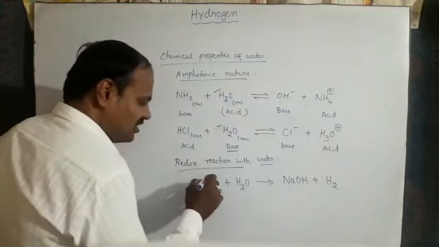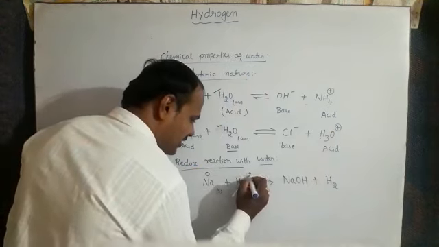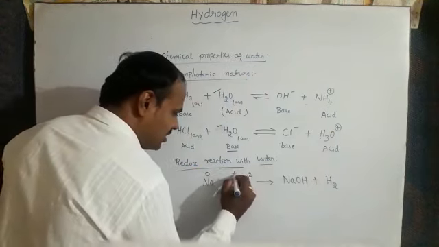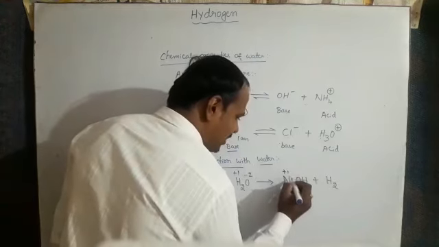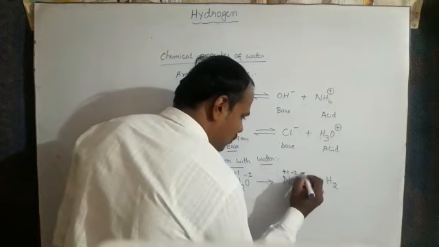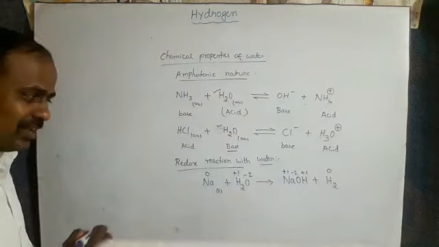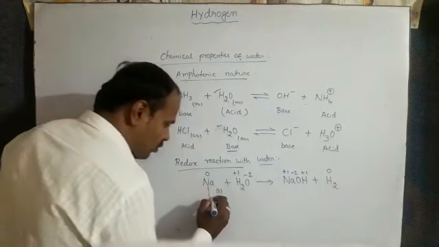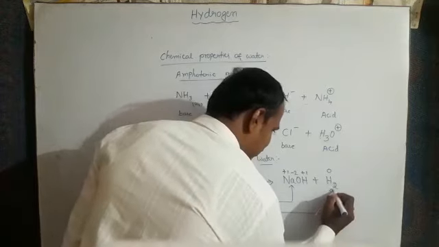What is the oxidation state of sodium? 0. The oxidation state of oxygen is -2 and the oxidation state of hydrogen is +1. The oxidation state of sodium is +1, oxygen -2, hydrogen +1. The oxidation state of hydrogen gas is 0. Sodium goes from 0 to +1, and hydrogen goes from +1 to 0.